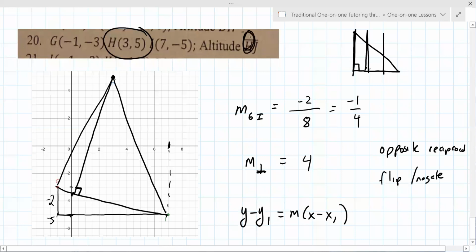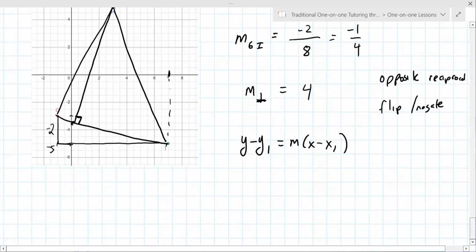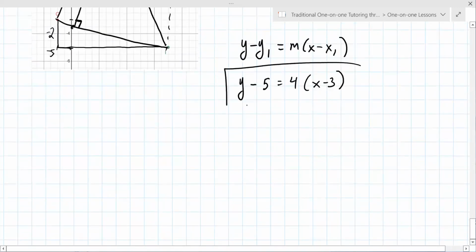Yes, well said. And then the 3 and the 5, 3 serves as x1, 5 is y1, correct? Yes. All right, y minus 5 equals 4 times parentheses x minus 3. Perfect. We're going to use that equation for parts C and D.